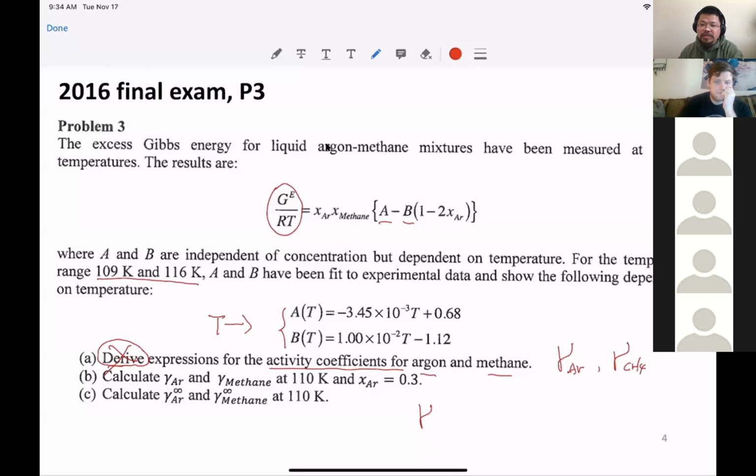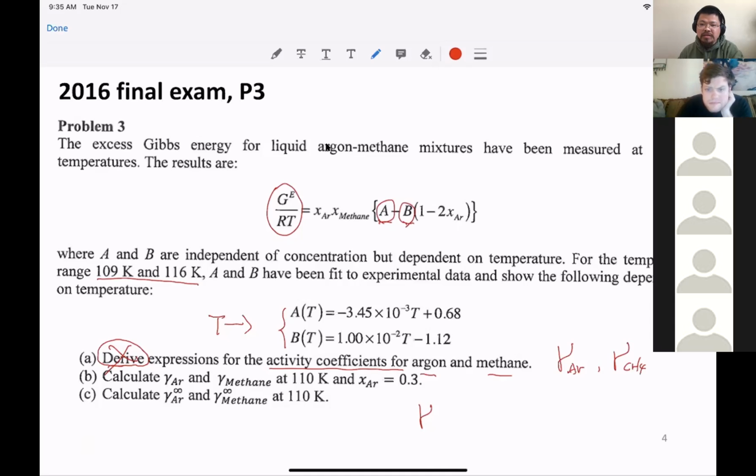For part A, this is a general expression for the activity coefficient, so we just follow the very general note of A and B. We don't have to manipulate the temperature because there's no temperature involved in part A. But in parts B and C, we shall plug in the temperature and get the A and B values. Okay, thank you.